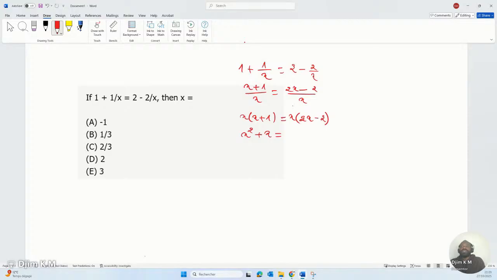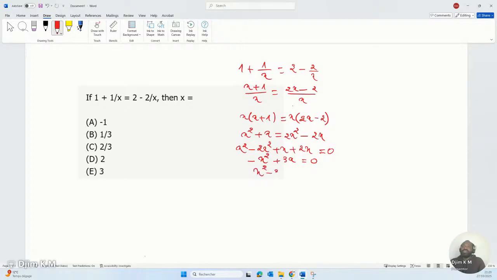This will take us to 2x squared minus 2x. X squared minus 2x squared plus x plus 2x is equal to 0, minus x squared plus 3x is equal to 0.